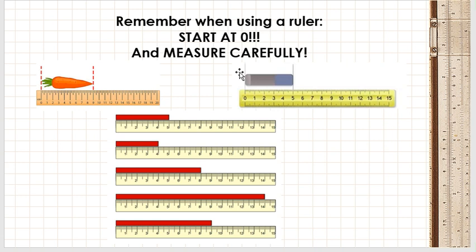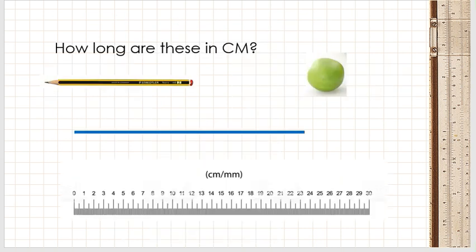So make sure when you're measuring that you have your ruler set at 0, and you need to measure extra carefully. If it helps you to draw lines, that's a really good idea. Drawing 2, one at 0 and one at the end of your line, that's awesome. So let's practice measuring these. This is my ruler.